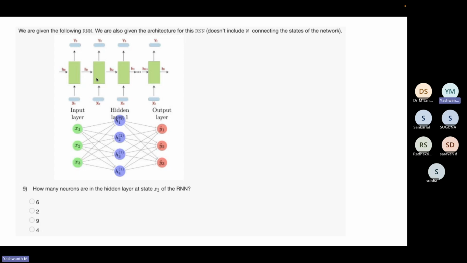It will be the same. Hidden layer dimension is the same throughout the network. Your input dimension will be the same throughout the network. The length of the input changes, but the input dimension is the same.